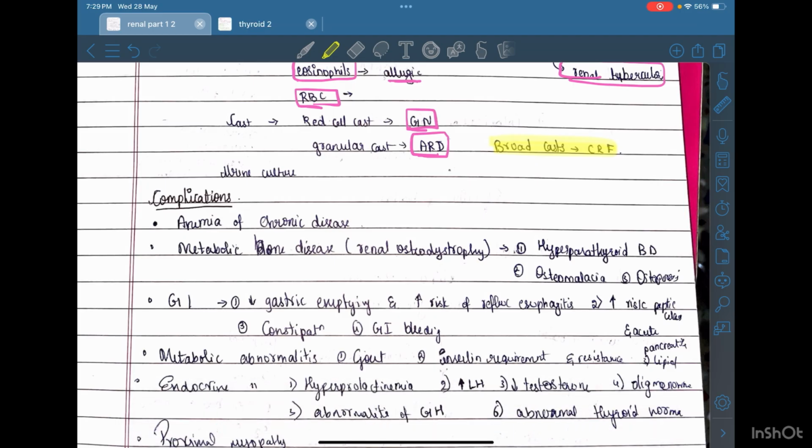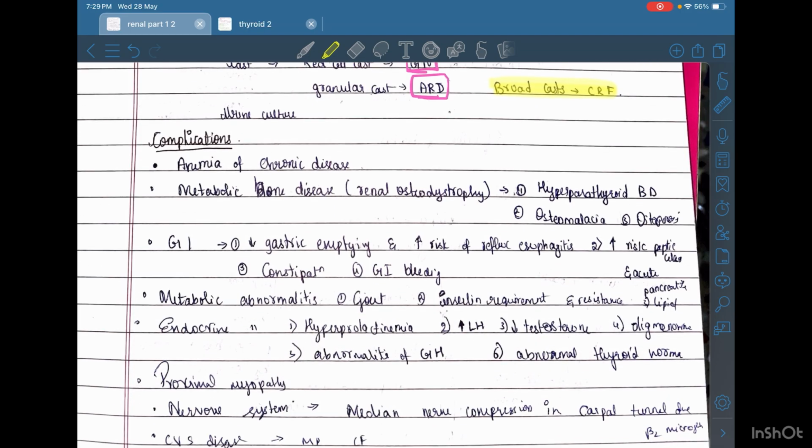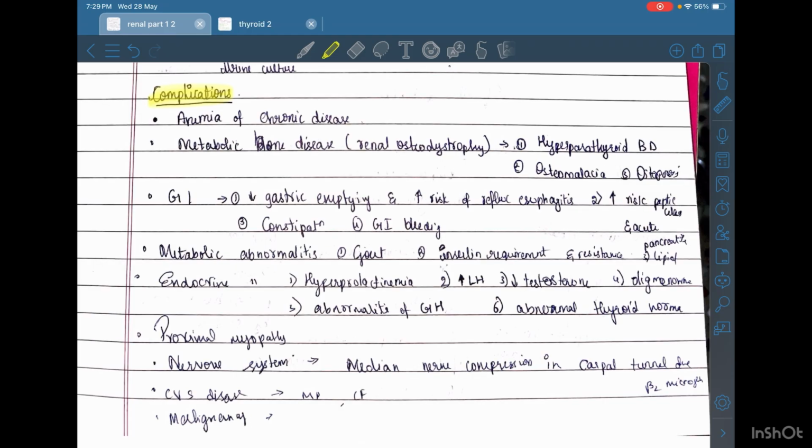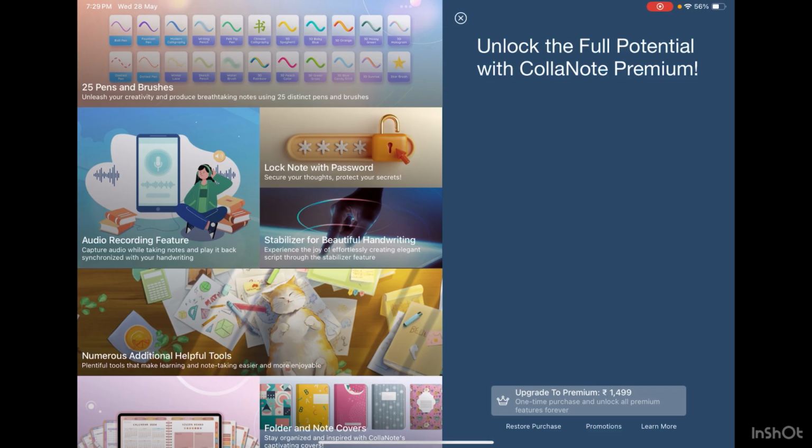Without treatment, the prognosis is very poor for CKD. Then what are the complications? Very important question. Anemia of chronic disease, and metabolic bone disease like renal osteodystrophy, which leads to hyperparathyroid bone disorder, osteomalacia, osteoporosis, etc. What does metabolic bone disease include?